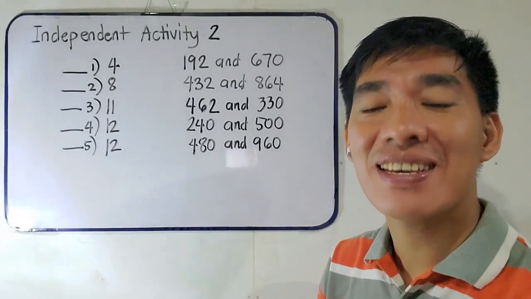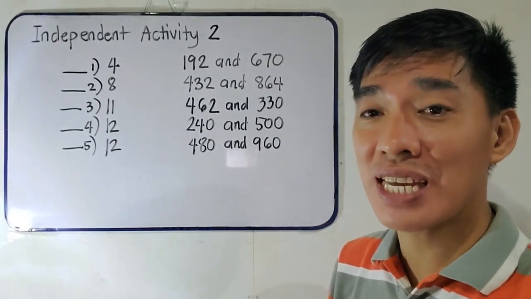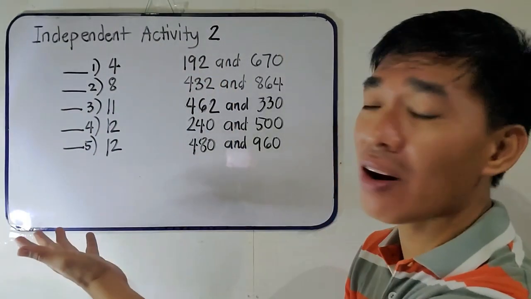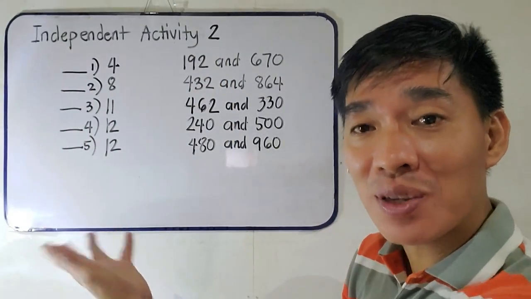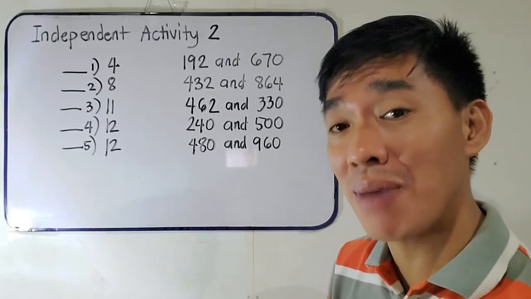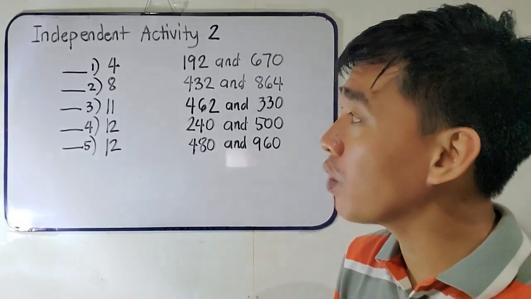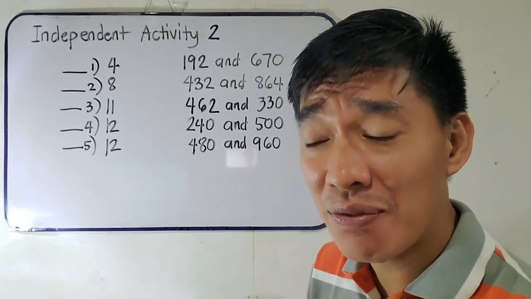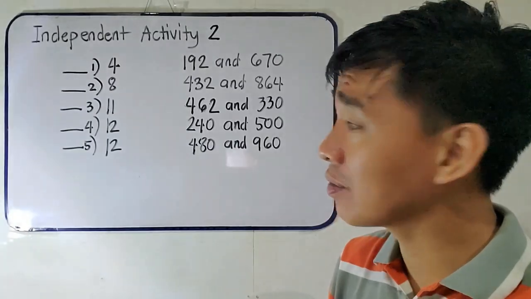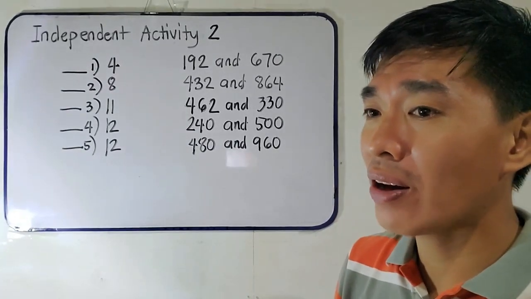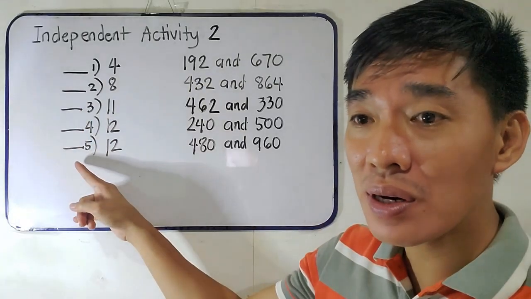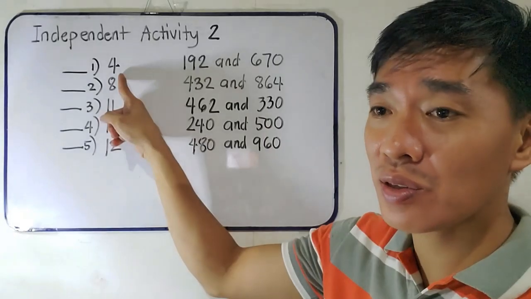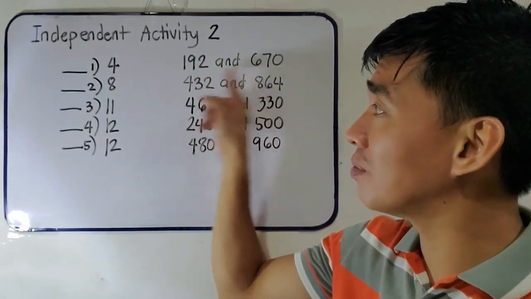Well done, guys. At this point, we will proceed now to our independent activity 2. So what you could see here on my mahiwagang whiteboard are the things that you need to copy in your math notebook. So all you have to do is listen to the instruction. Using the divisibility rules, write down true on the blank if the number on the left column is a common factor to the numbers on the right column.